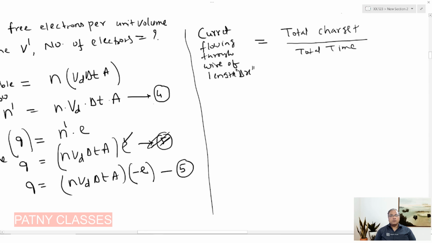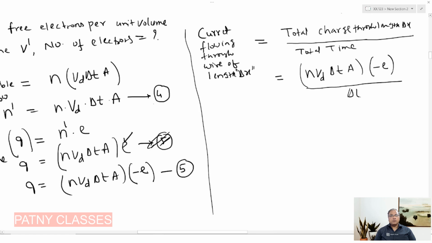The total charge flowing is N into Vd delta t into A multiplied by the charge on a single electron, divided by delta t. Delta t gets cancelled. Therefore, the current flowing, I, equals N into Vd into A into E, and here is a minus.